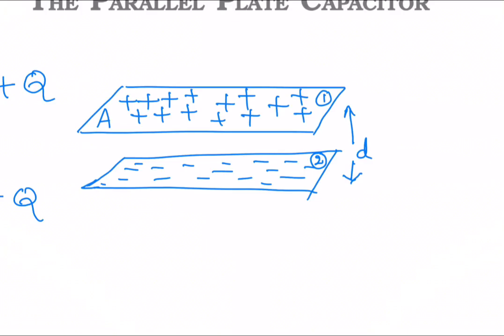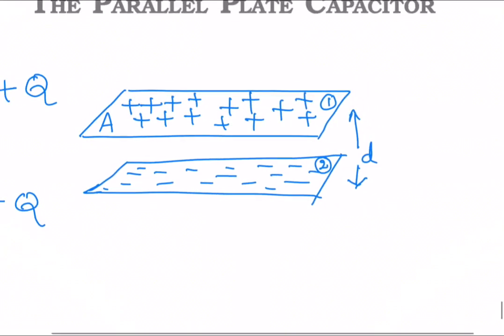You know that there exists an electric field moving from the positive plate to the negative plate. So this is the direction of the electric field between the plates. The direction of the electric field is from the positive plate to the negative plate.